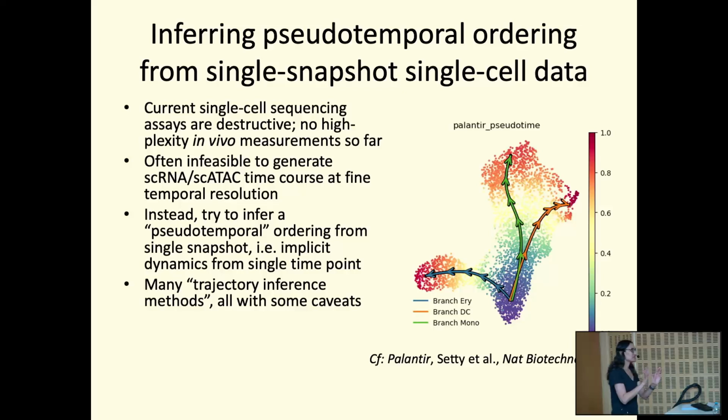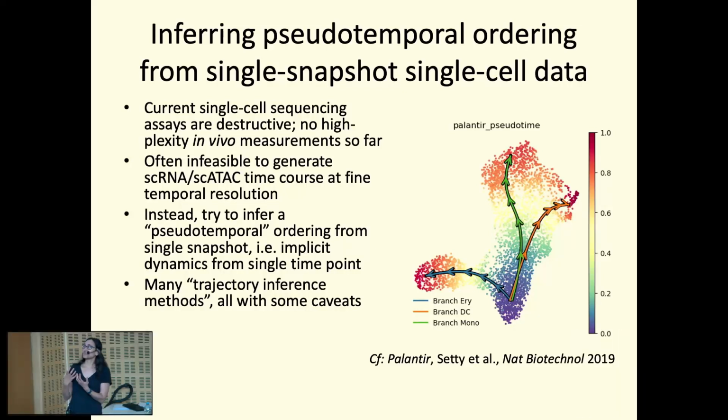Okay, so if you know about the single-cell world a little bit, you know that the measurements are destructive, right? So this is single-cell RNA data from a human bone marrow donor.